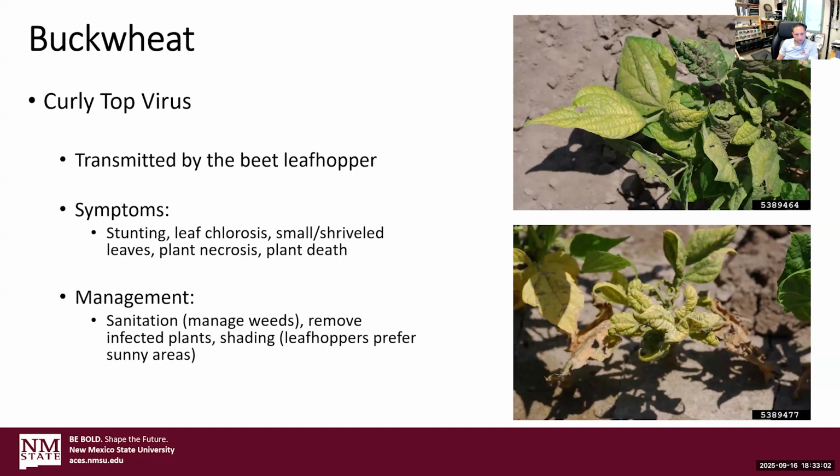You can remove infected plants and then shading because leafhoppers prefer those sunny areas. So if you shade a little bit of your plants, they're not as nice for the leafhoppers to feed off of.